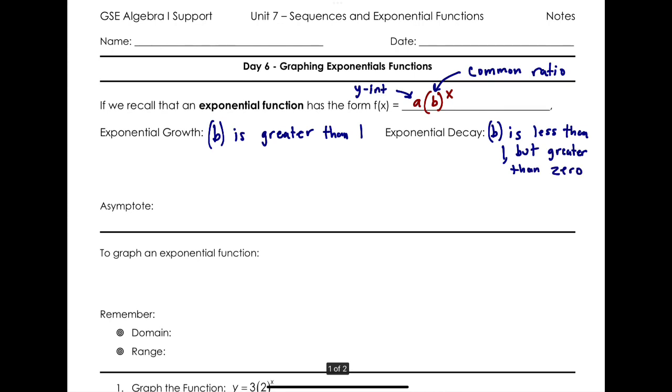So a lot of times that might be a fraction where the number on the top is smaller than the number on the bottom, or a decimal like 0.3.